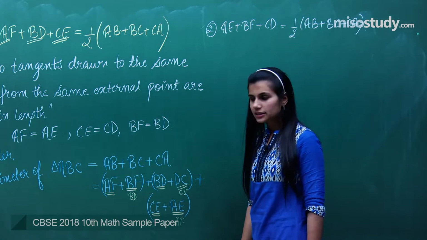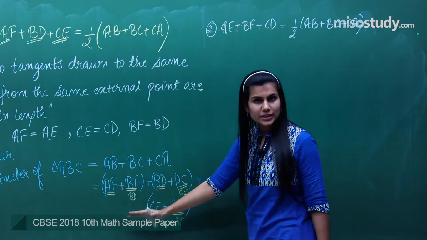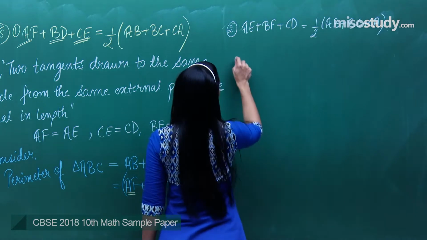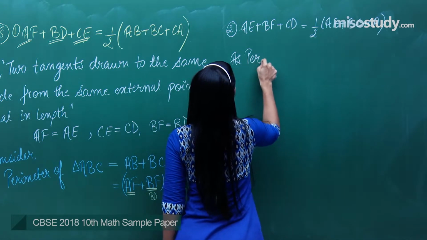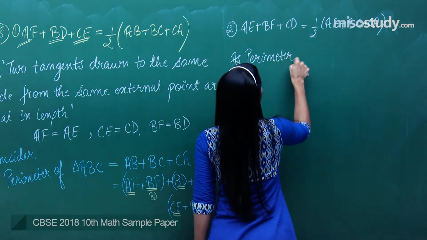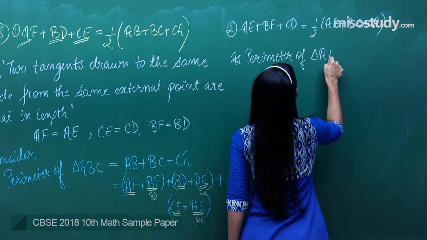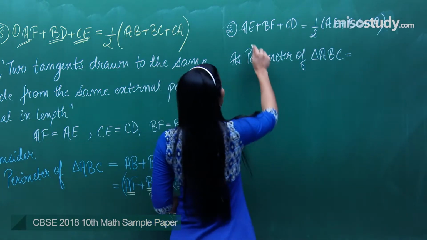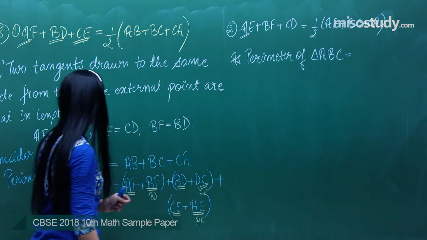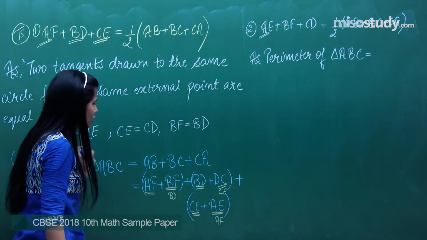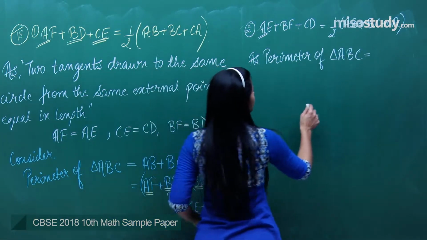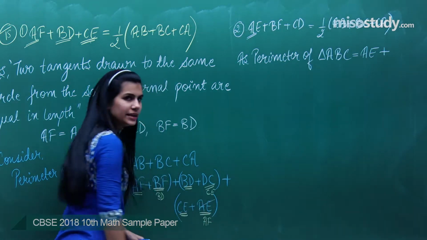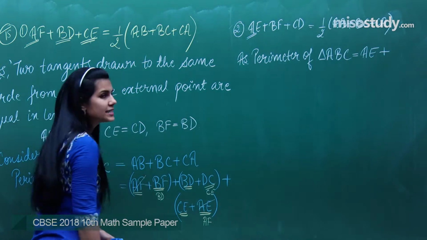How am I going to proceed? Till here, you are going to do the exact same thing. The perimeter of triangle ABC is all of this, but now see what it is that we want to stay. I want AE to stay and I know AE is equal to AF. So I am going to keep AE as it is, plus, this AE has been covered, but this AF will be replaced by AE.